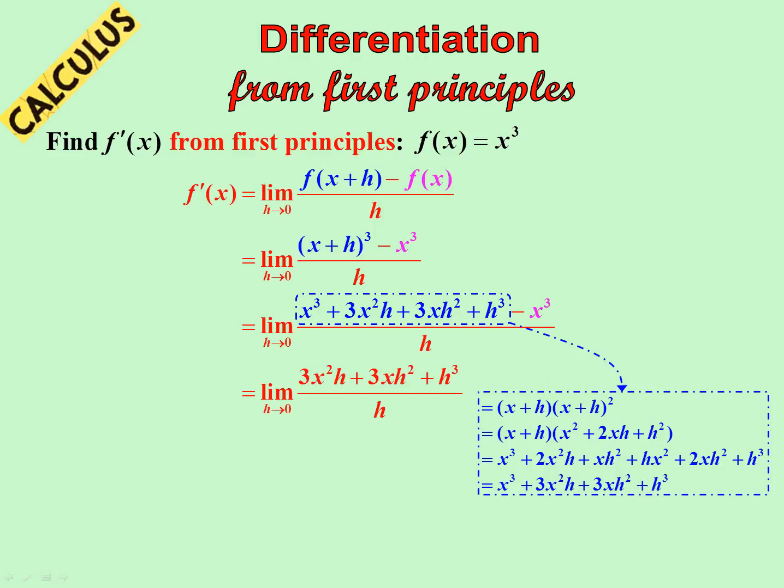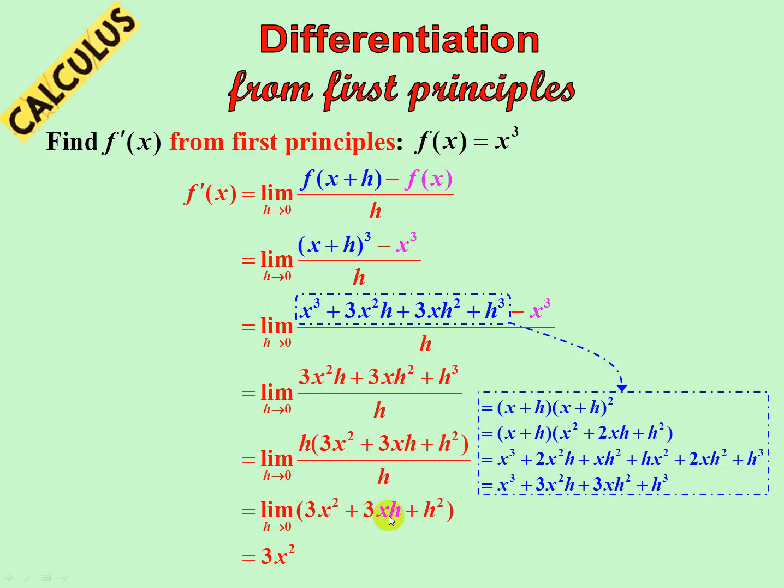So all of them now have h's. So we have a common factor. There it is. Limit, limit, limit, limit all the way down. We haven't substituted yet, but on the next line I'm going to substitute. 3xh goes because h is 0 and h squared goes. So there is the derivative of f of x equals x cubed. It's the gradient of f of x equals x cubed.